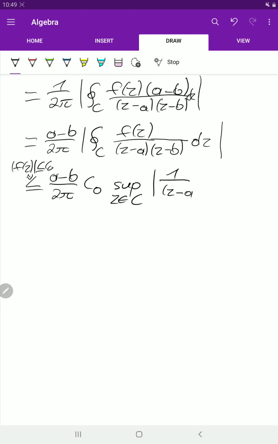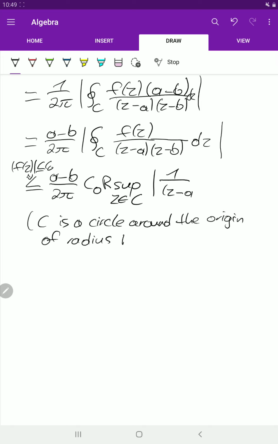and now it's time to think about how we want to choose this curve c. So we choose it a circle around the origin of radius r. So c, let me write it here, as a circle around the origin of radius r.